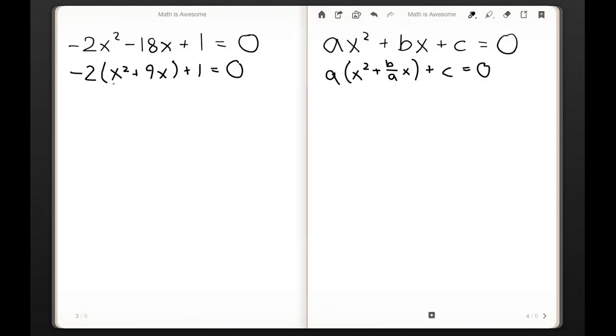Okay, the next step in completing the square is we do double parentheses here, x plus half of this number, x plus 9 over 2 squared. So let's do that over here. We'll have a double parentheses x plus half of b over a. Half of b over a is b over 2a.